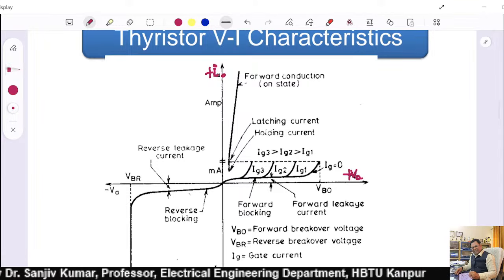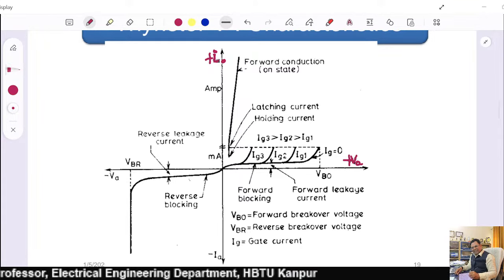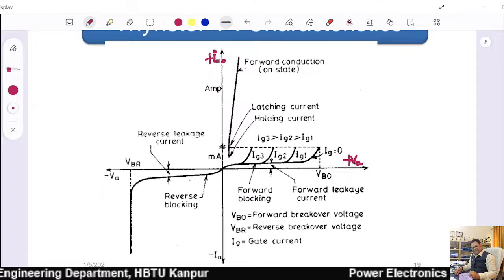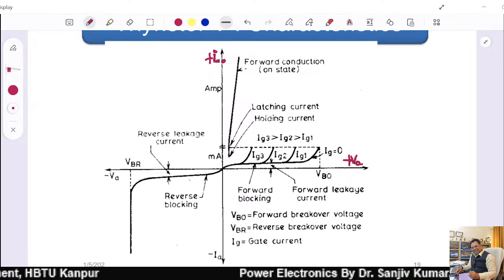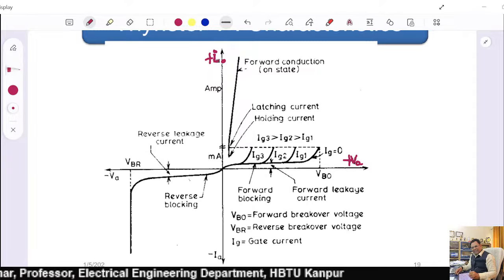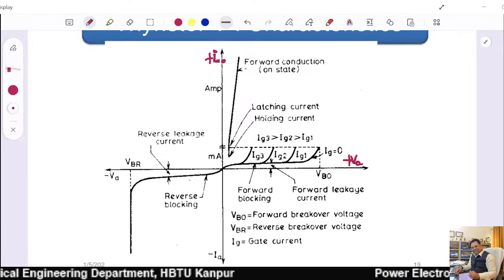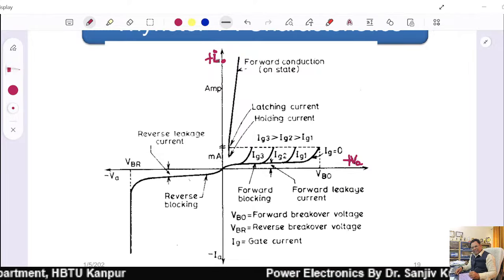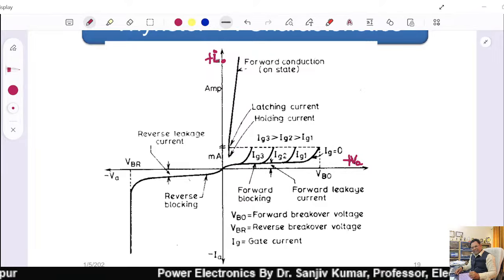So the thyristor characteristic, means static VI characteristic, means you are drawing the waveform between voltage and current. Voltage across the anode to cathode, means voltage between the anode to cathode, and current flowing from anode to cathode.